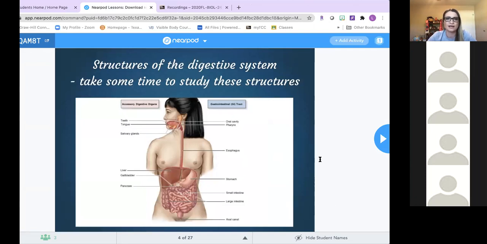So we can see the structure of the GI tract as well as some accessory digestive organs that we will talk about. So make sure that you know where the GI tract begins. You're looking at the mouth. That's the first part, and then the oral cavity, okay, your pharynx, more specifically, just those parts that are parts of the digestive system, which are the oropharynx and laryngopharynx. Then esophagus, from the esophagus, it's going to lead into stomach.